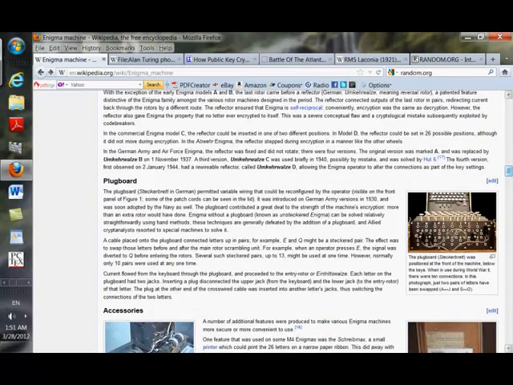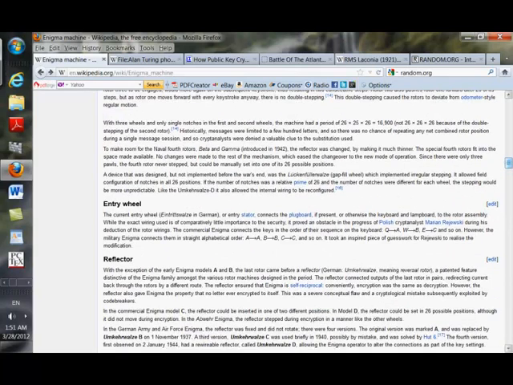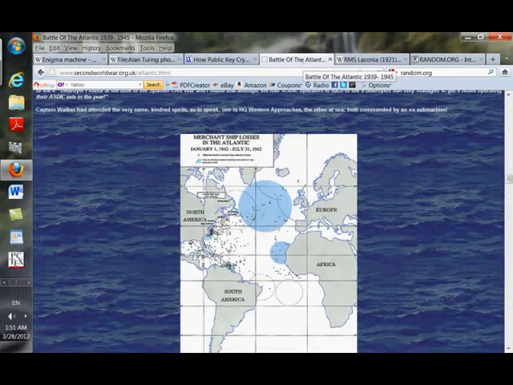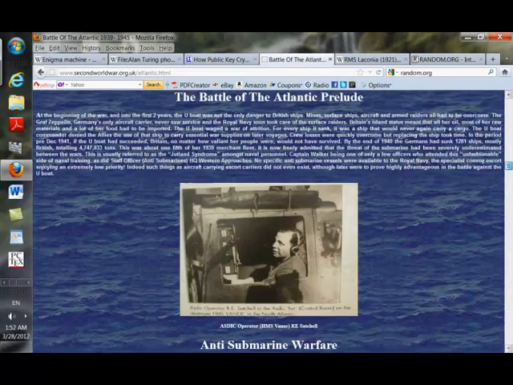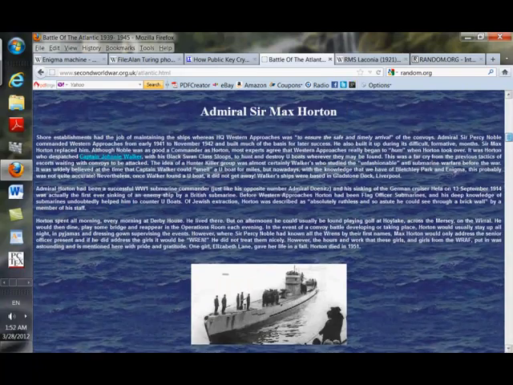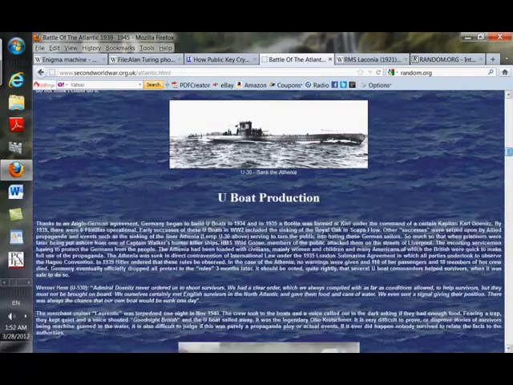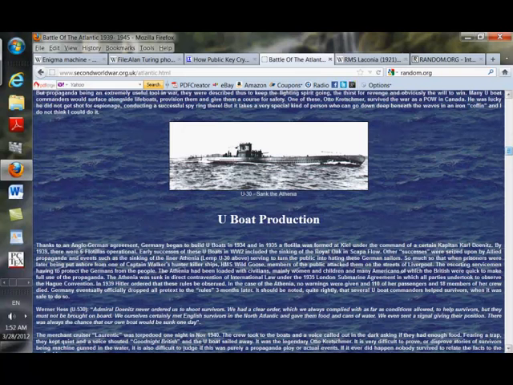In about 1943, the Battle of the Atlantic was turned around, and U-boats started sinking in huge numbers, which made them quite inefficient.